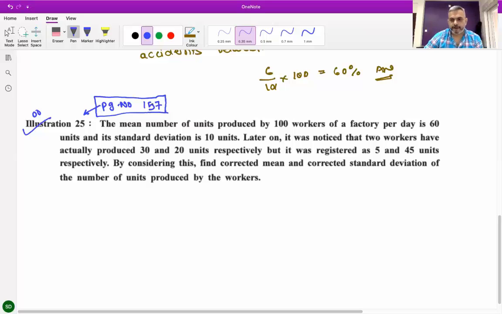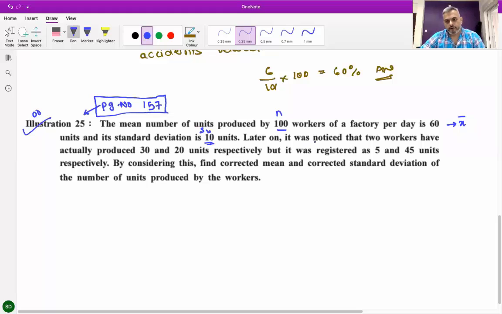Now let's read the question. The mean number of units produced by 100 workers of a factory per day. So 100 workers of a factory, so n is equal to 100, per day is 60. So mean is given, mean is 60 and its standard deviation is 10. So S is equal to 10 units.